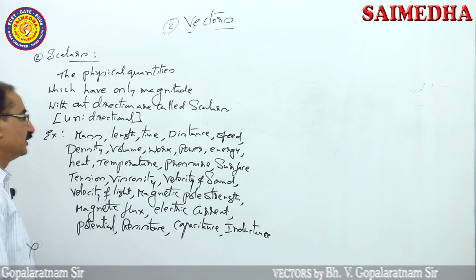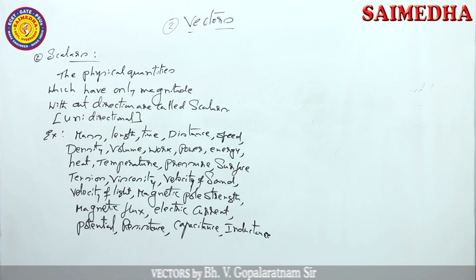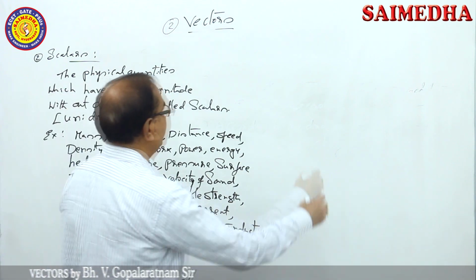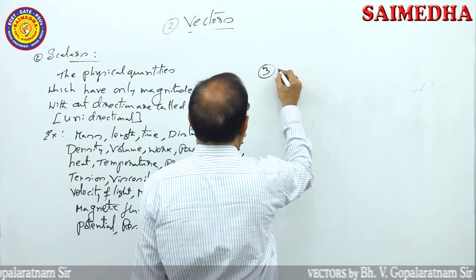Some examples. So, these are scalars. And the third type of physical quantities are called tensors.